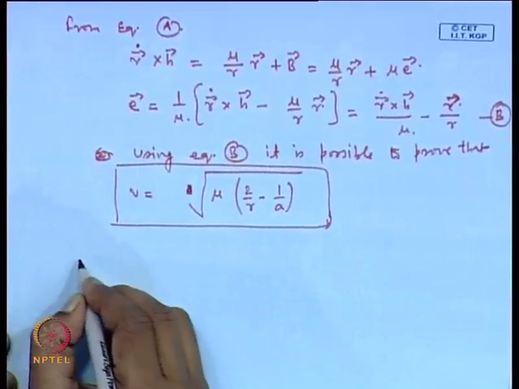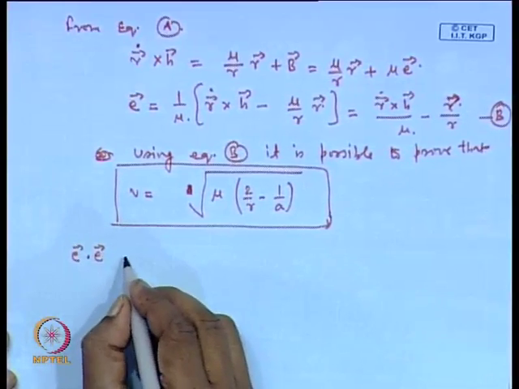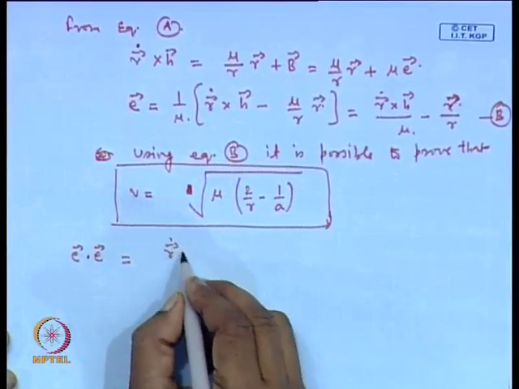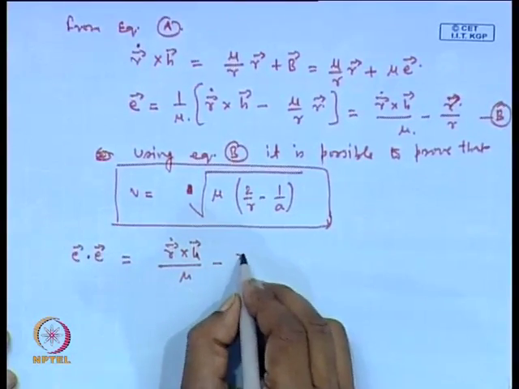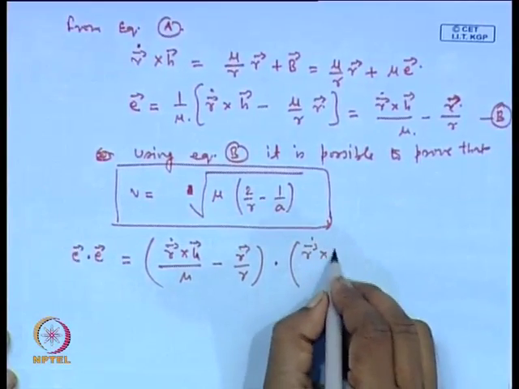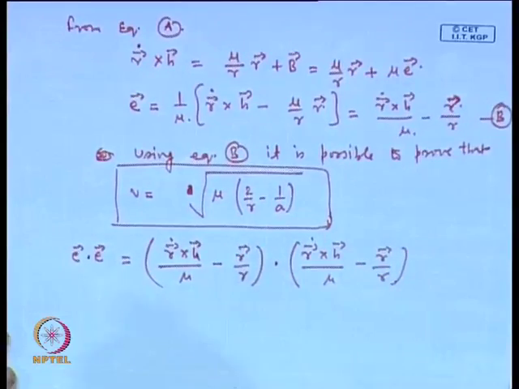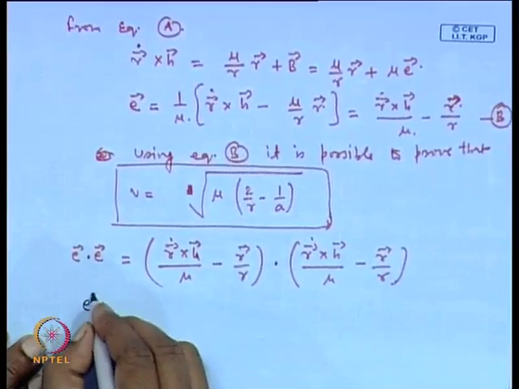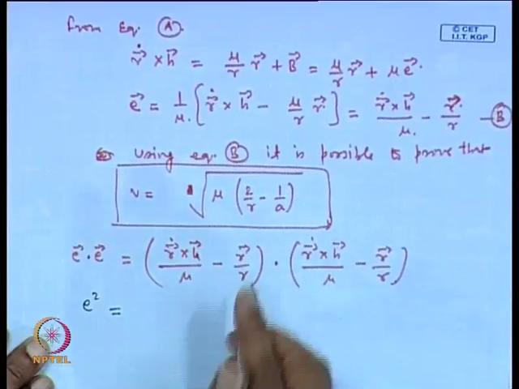So, here what we need to do is take the dot product E dot E. So, this will be equal to r dot cross H by mu minus r by r, and the dot product of this with r dot cross H by mu minus r by r. Okay. So, the left hand side we can write as E square, and the right hand side we have to expand. If we do this expansion, it is very easy to work it out.